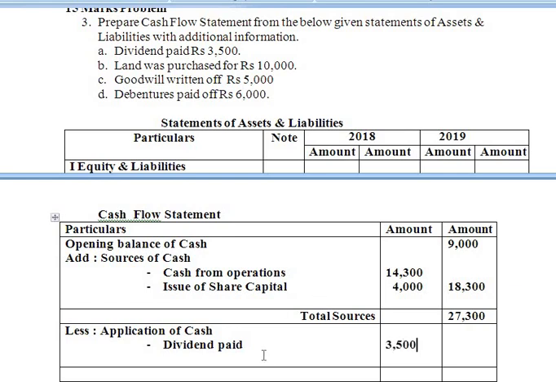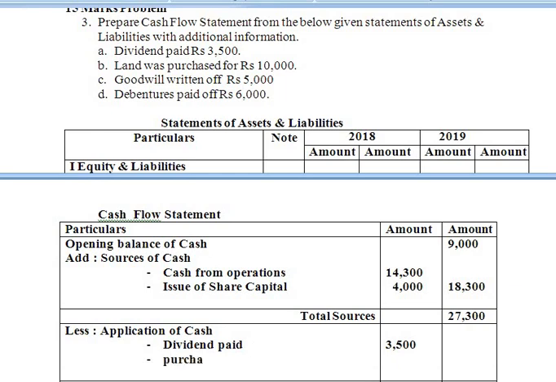Okay, next after dividend paid we have purchase of land. Purchase of land, how much? 10,000. So take here 10,000. Next after that, goodwill written off, we have taken in cash from operations.